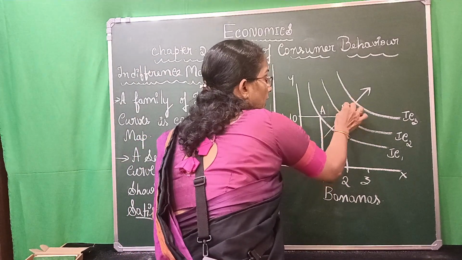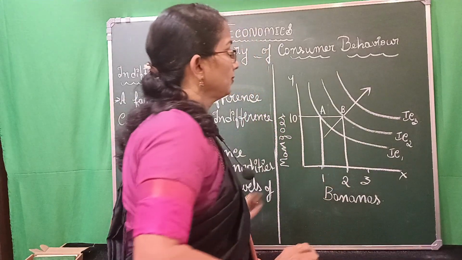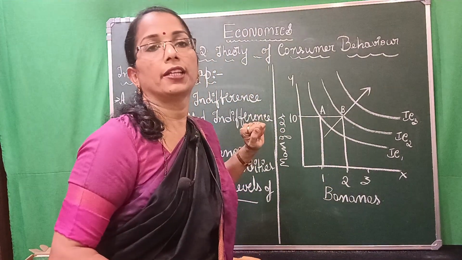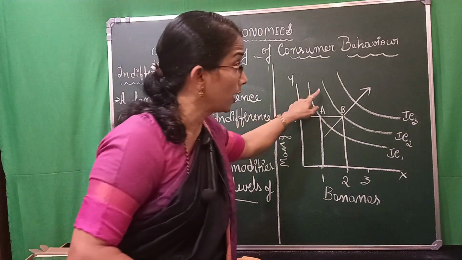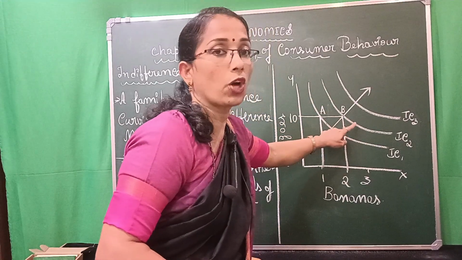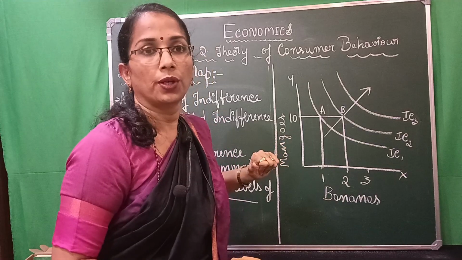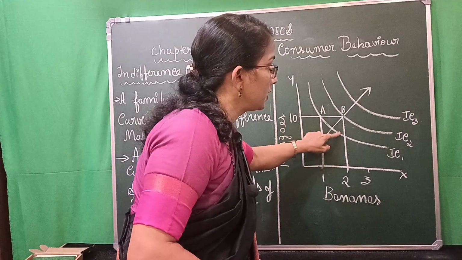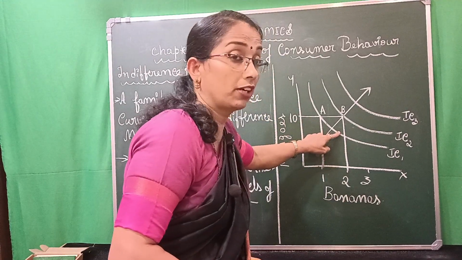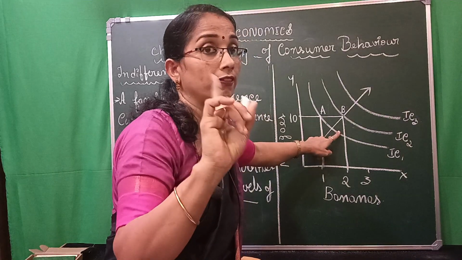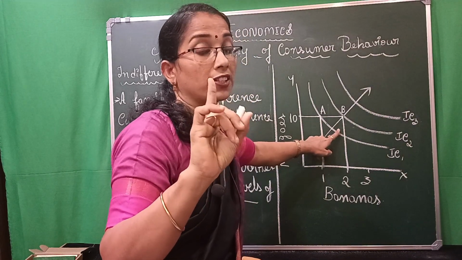Level of satisfaction got by the person compared to this point A. I will mark it as A. Here B. Point B gives a higher level of satisfaction because point B lies on the higher indifference curve IC2. Suppose point B is on IC1, then it will not give a higher level of satisfaction.